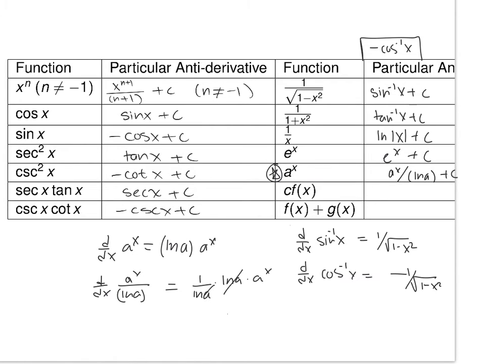And these last two things aren't really formulas, they're just rules. If you've got a constant times a function, you can do constant times antiderivative. Much like when you had a constant times a function, you could just leave the constant alone and take the derivative. And for adding two functions, you can do antiderivative of first plus antiderivative of second.